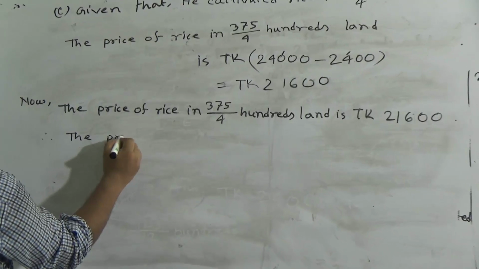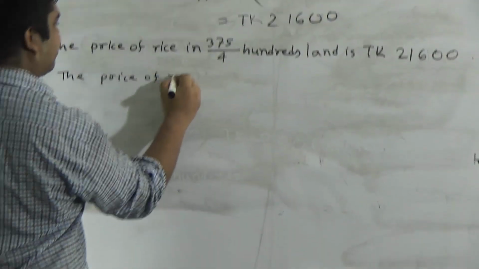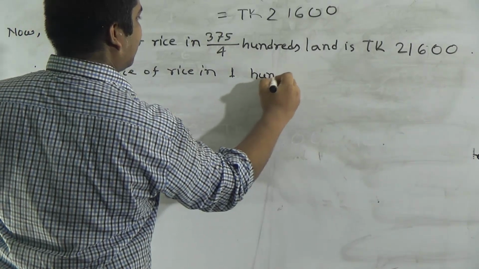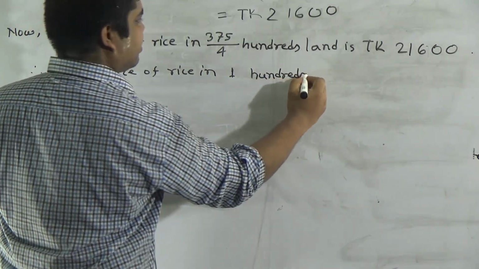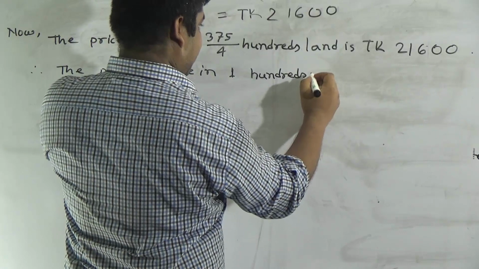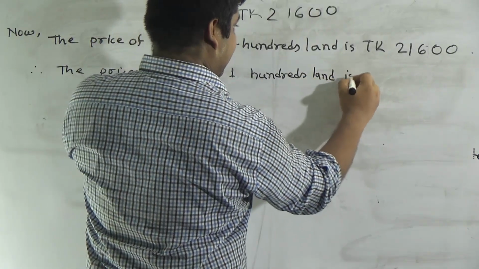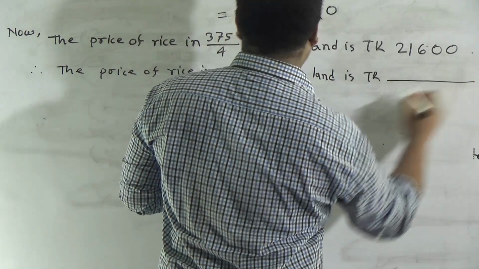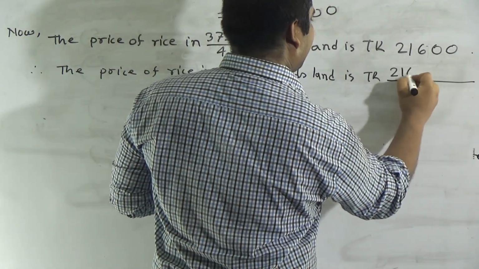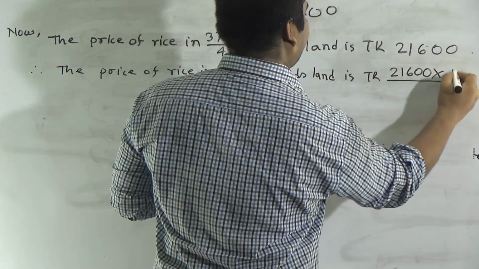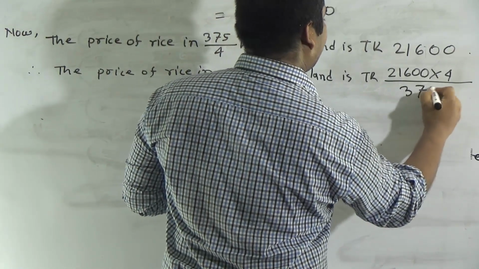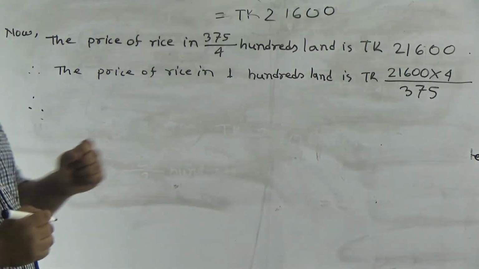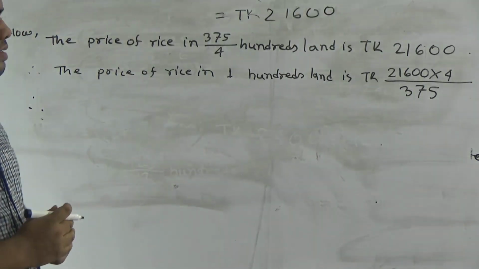The price of rice in 1/100 land is taka... We do division. That means 21,600 multiplied by 4 divided by 375. Now the question asks you if he would cultivate rice in the whole land.